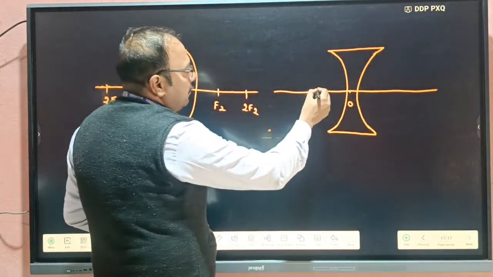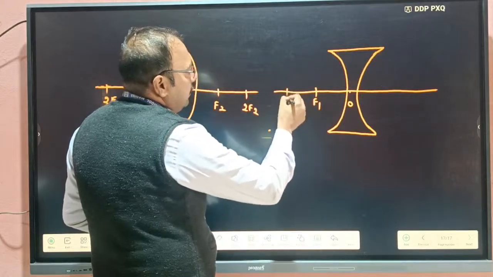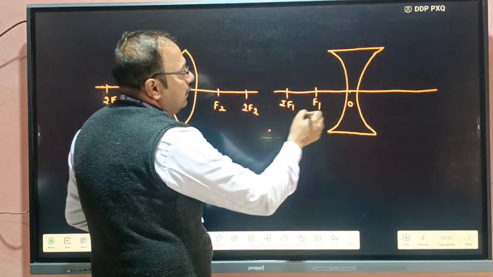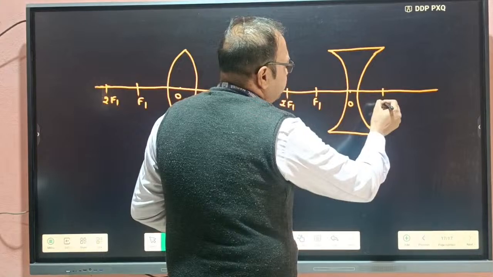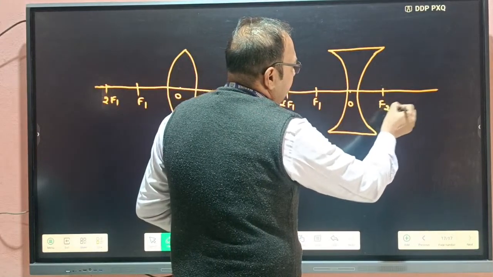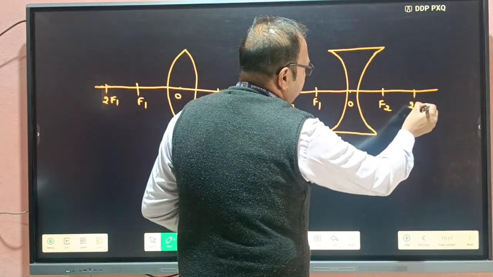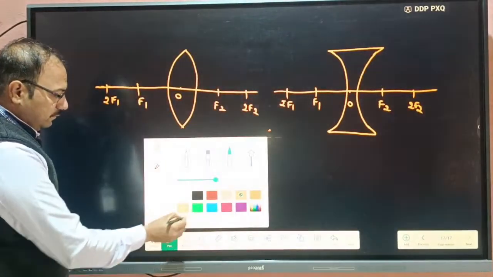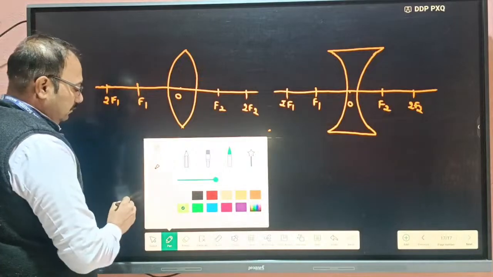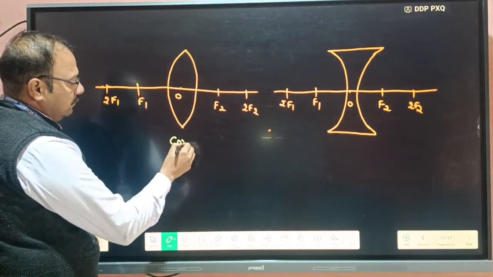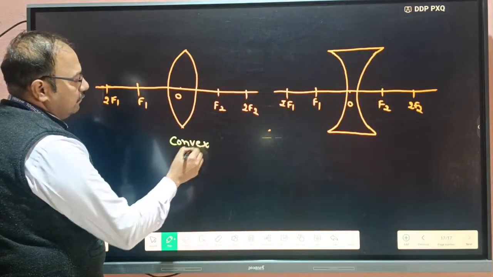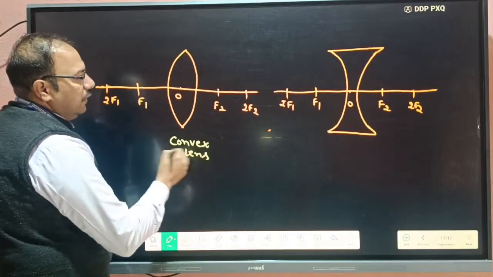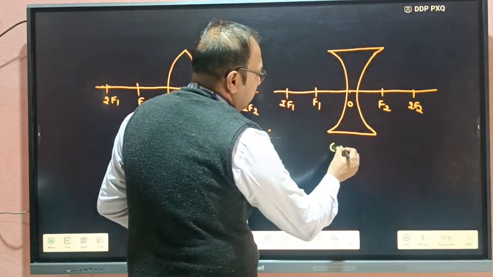So similarly here, this is F1, this is 2F1 and this is F2 and this is 2F2. Okay, so this is the convex lens. And this is the concave lens.